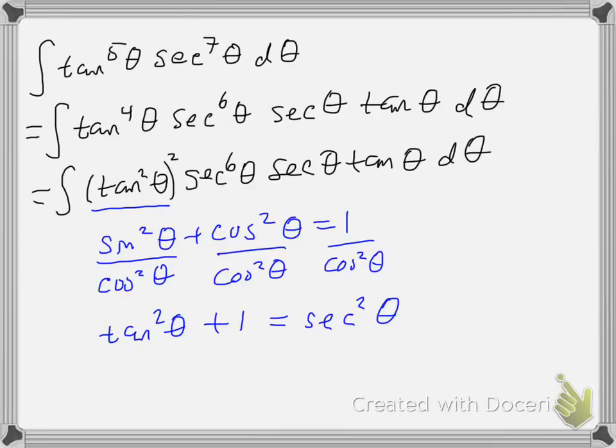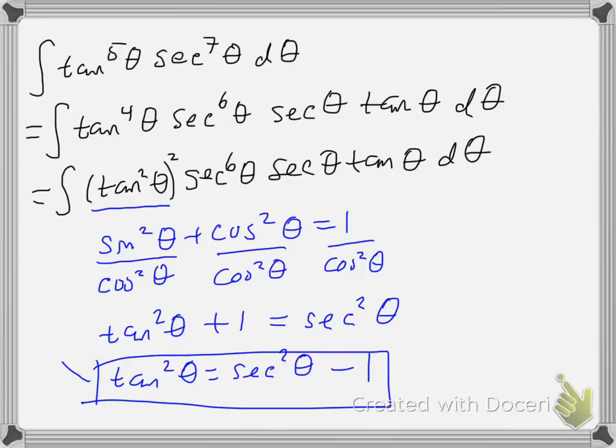So what we can say is that the tangent squared of theta is simply equal to the secant squared of theta minus 1.